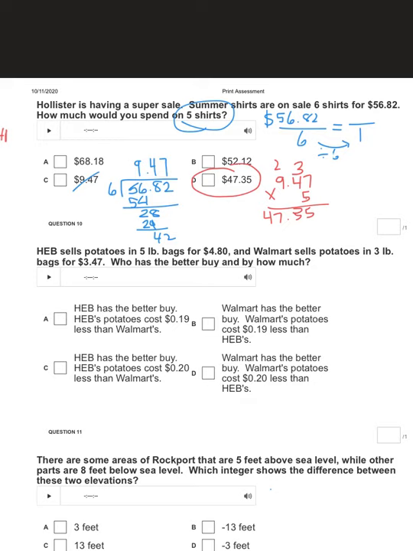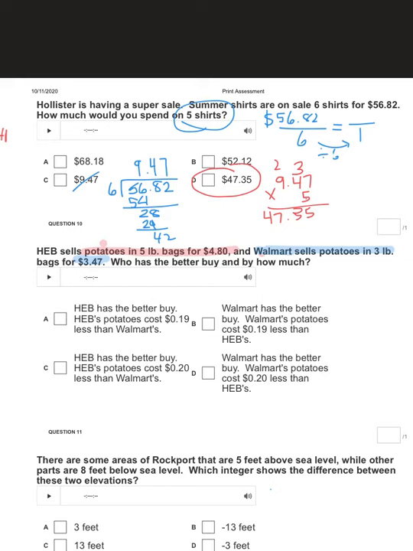Now the next one we have. H-E-B sells potatoes, 5-pound bags for $4.80. Walmart sells their bags, 3 pounds, for $3.47. Who has the better buy and by how much? So we're going to have to figure out the unit rate for each. So I'm going to take H-E-B's first. The money will go on top.